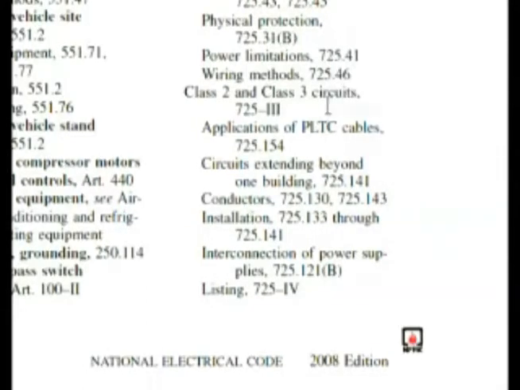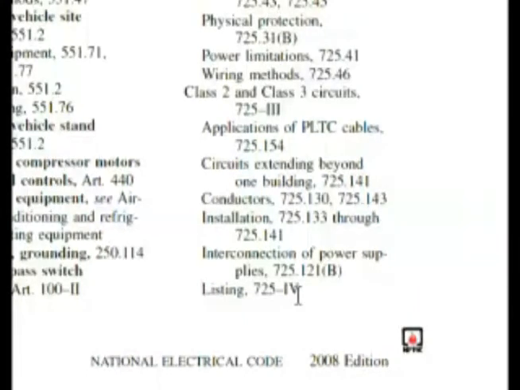So let's start looking and seeing what we can find with these things. Right down here at the bottom, see where it says listing, 725 Part IV. Our question said class 2 and class 3 cables listed as suitable.